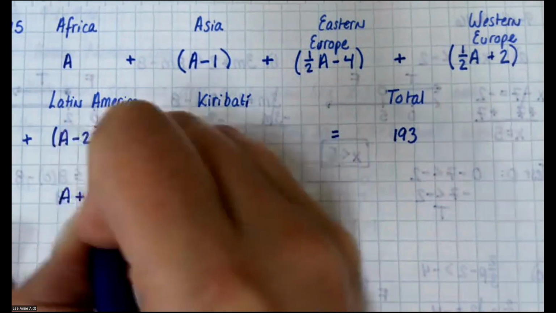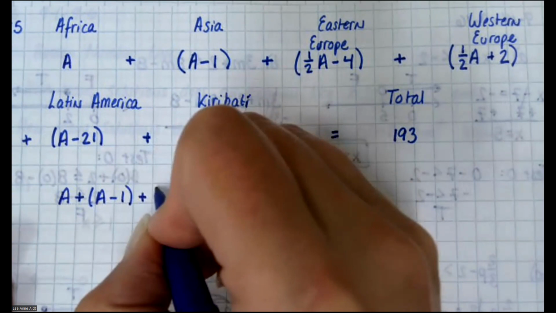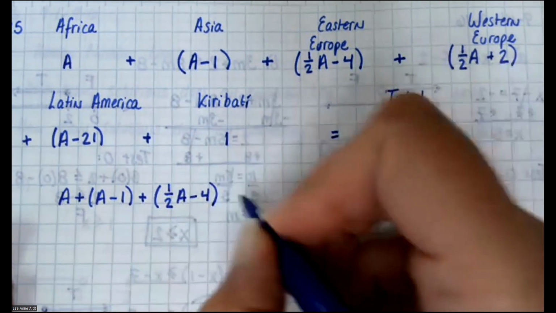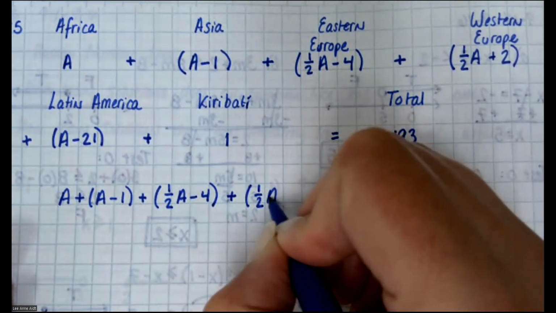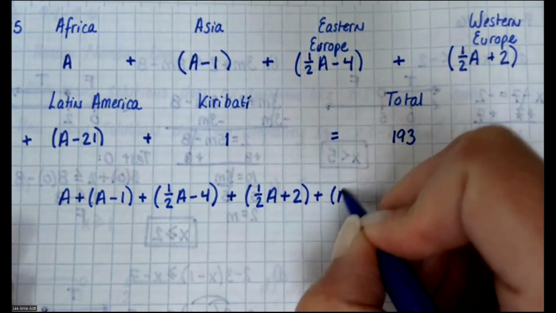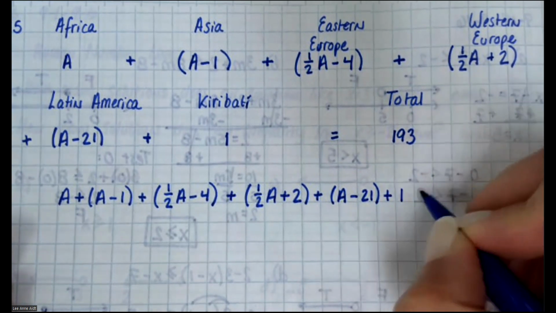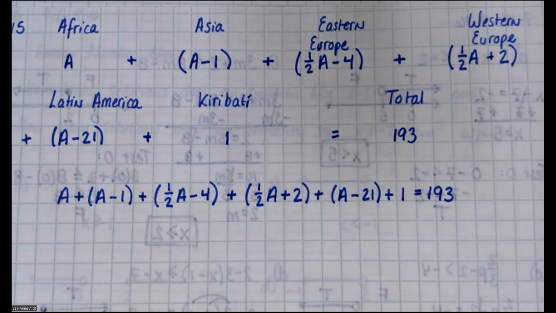A plus A minus 1 plus 1/2 A minus 4 plus 1/2 A plus 2 plus A minus 21 plus 1 equals 193.